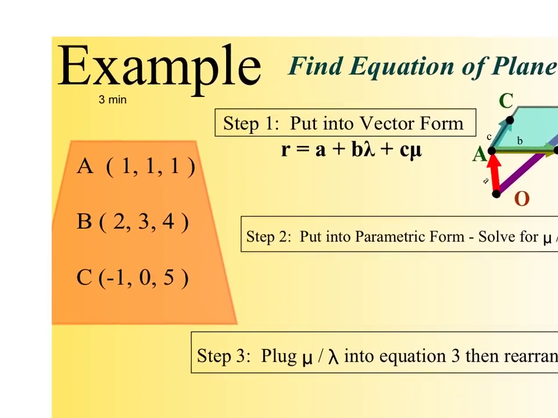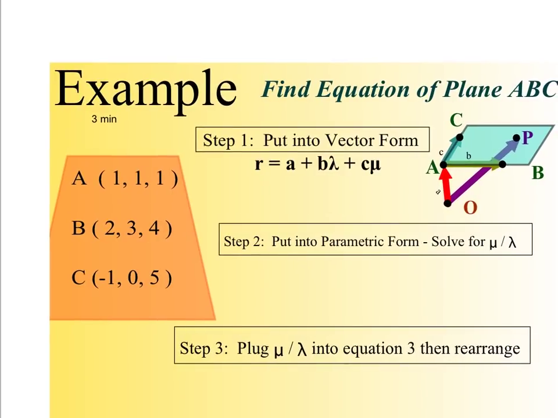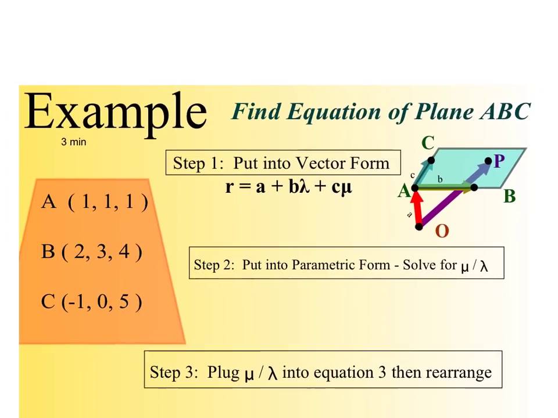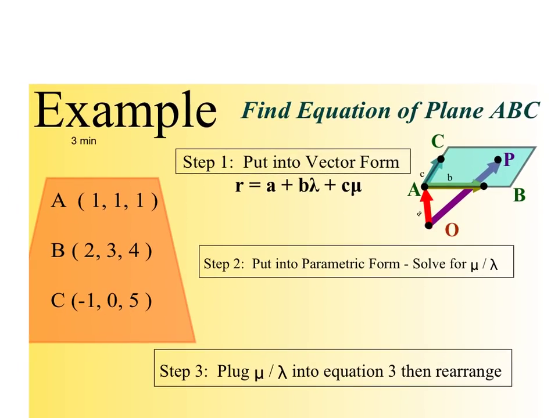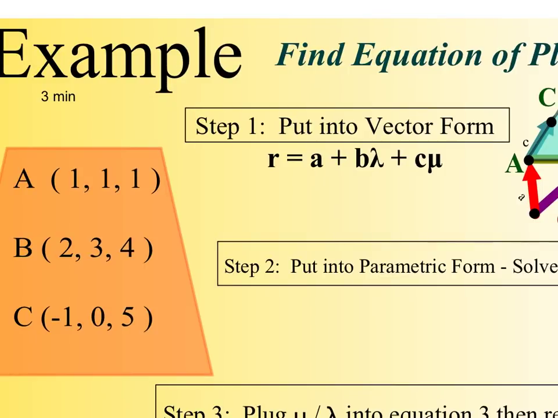Okay, so let's say A is the point 1, 1, 1, B is the point 2, 3, 4, and C is the point negative 1, 0, 5. So for point A, we could basically write this out like this.